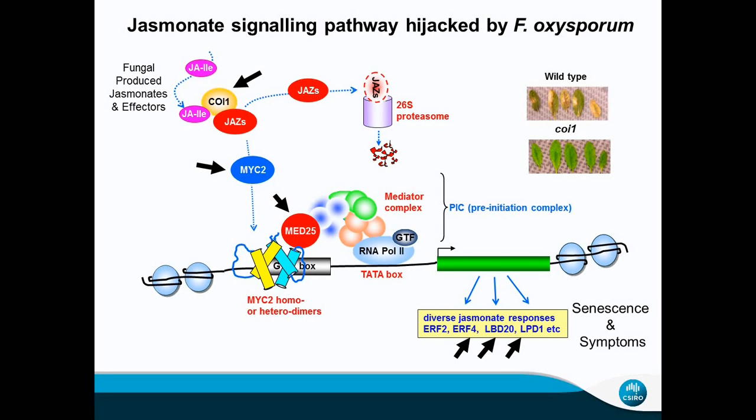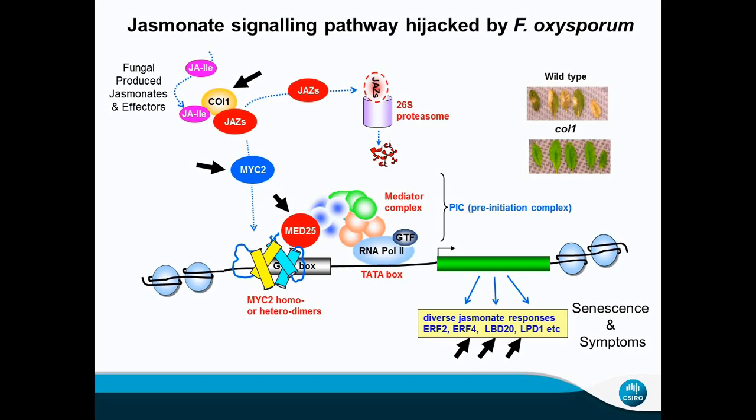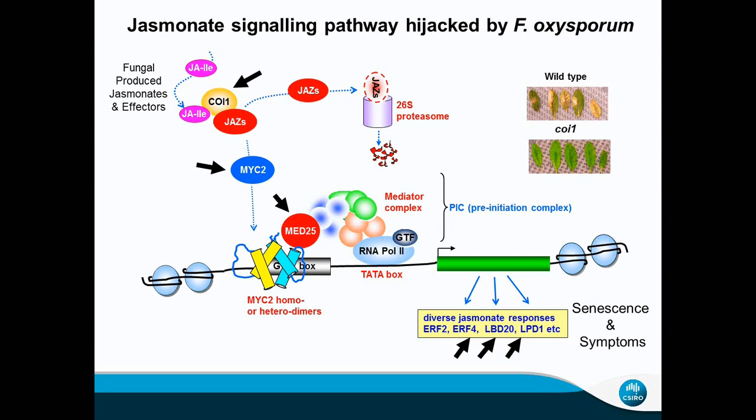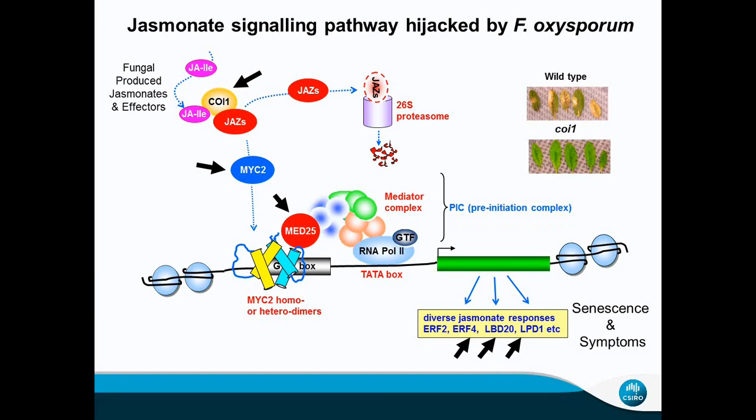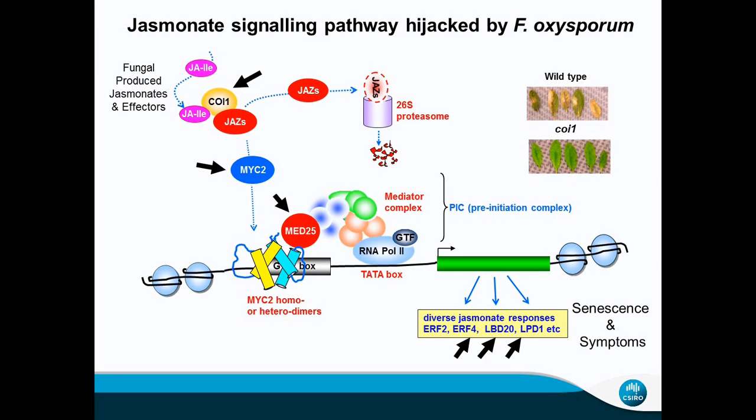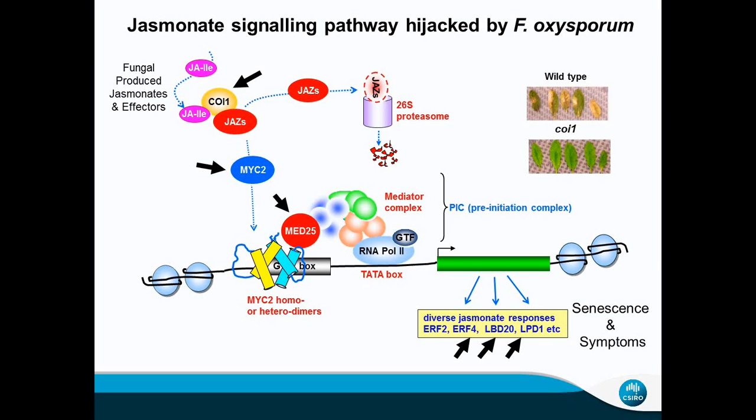So this pathway is obviously important for producing defense-related proteins, but it also activates senescence symptoms. It's associated with senescence. And we think that this second aspect of the jasmonate pathway is important for the infection mechanism used by Fusarium oxysporum.